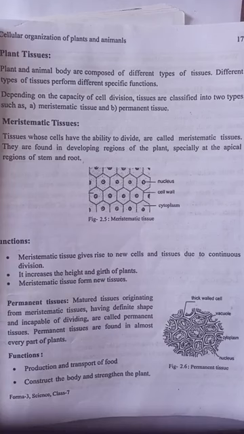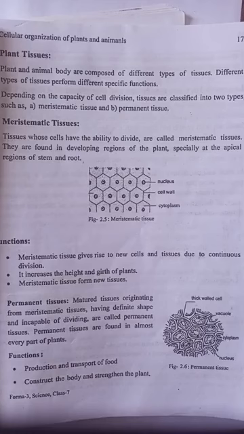Permanent tissues: mature tissues originating from meristematic tissues, having a definite shape and incapable of dividing, are called permanent tissues. Permanent tissues are found in almost every part of plants. So, what are permanent tissues? Mature tissues, adult tissues originating from meristematic tissues after growing again and again.